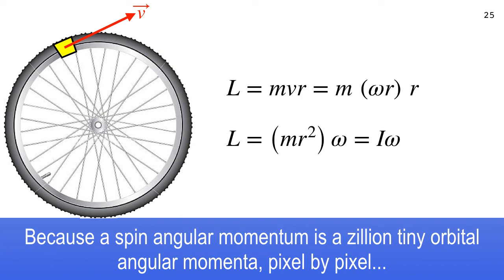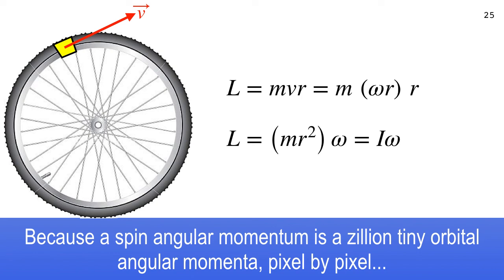Then multiply by your spin state, omega, and that will give you the angular momentum. And that will be the same as what we started from, orbital angular momentum, mvr. That's for planets and stuff. You can apply it to spinning objects as well.